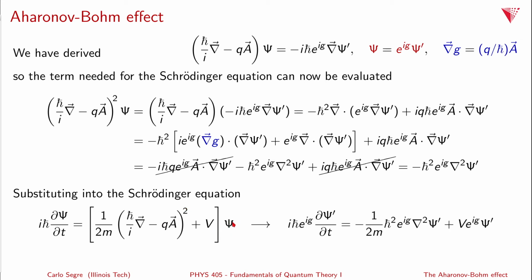And when I make the substitution of psi as e to the ig psi prime, I get i h bar e to the ig partial psi prime with respect to t is equal to this term, which is minus 1 over 2m h bar squared e to the ig del squared psi prime plus v from this term e to the ig psi prime.